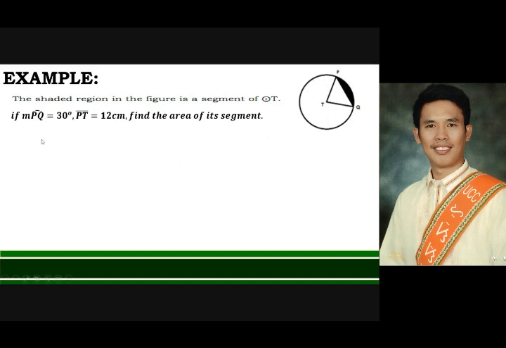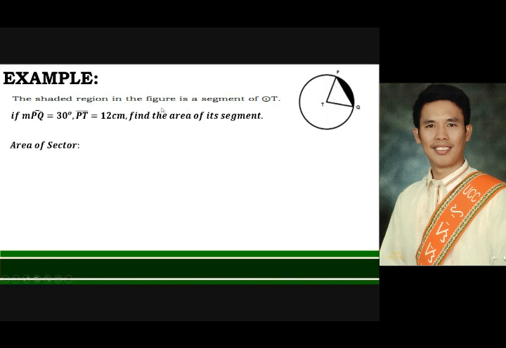The given here: arc PQ is 30 degrees, and PT, or the radius, is 12 centimeters. Let us try to find the area of the segment. As said in the direction earlier, first thing to do, we need to solve for the area of the whole sector.